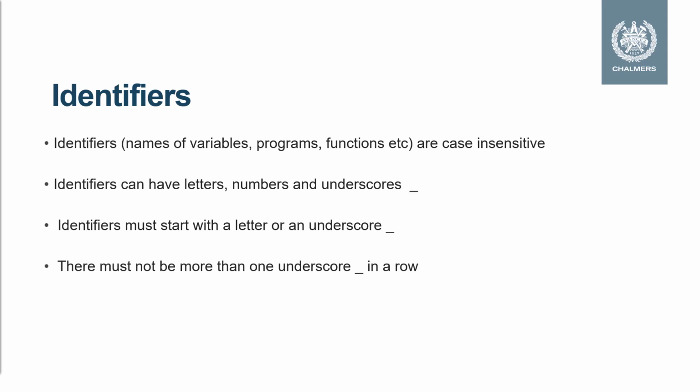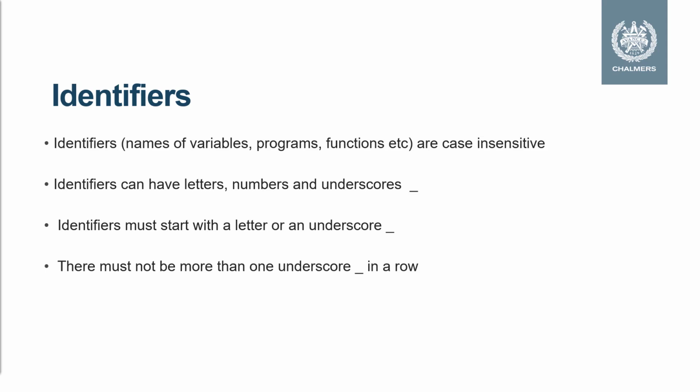Names or identifiers in the PLC system are not case sensitive, which means that, for example, the variable name Apple with all caps will be exactly the same as the name Apple with lowercase letters, or Apple in a mix of caps and lowercase letters.